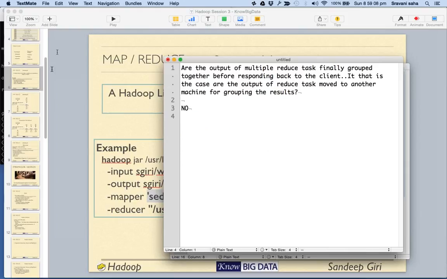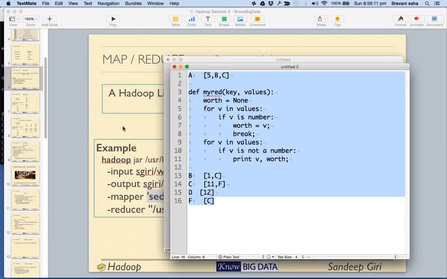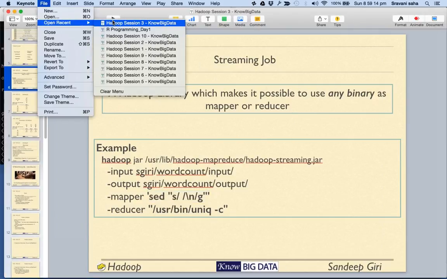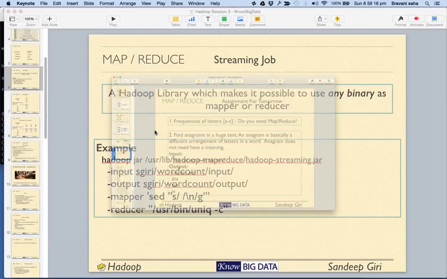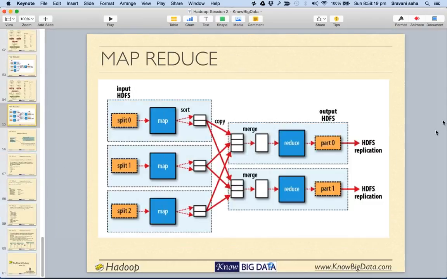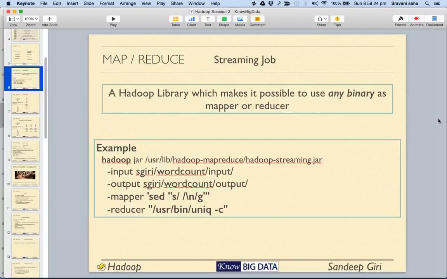If you remember our discussion yesterday, we talked about this kind of scenario, right? There were two files, part 0 and part 1. So effectively, multiple reduce phases create multiple files. Now, the question always arises: how will I concatenate these two files?